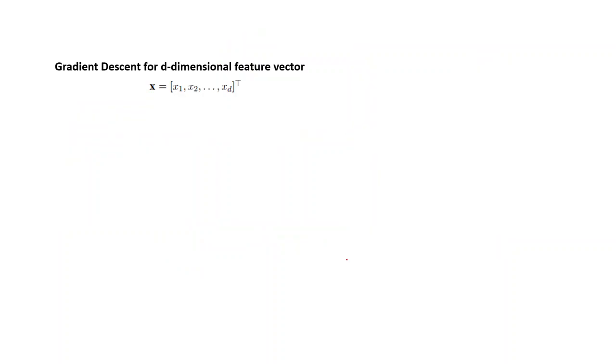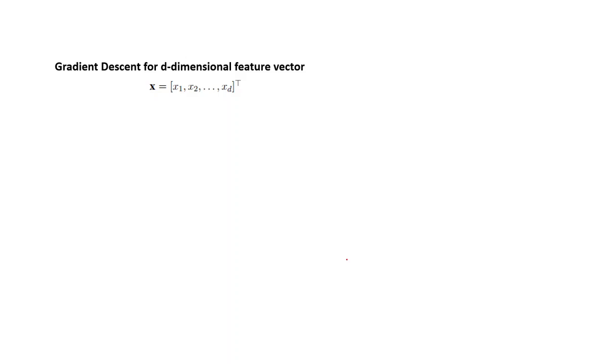Now, so far we are considering only one feature, that is x. So x here is actually the feature. In our real world problems, we seldom come across a problem which has only one feature.